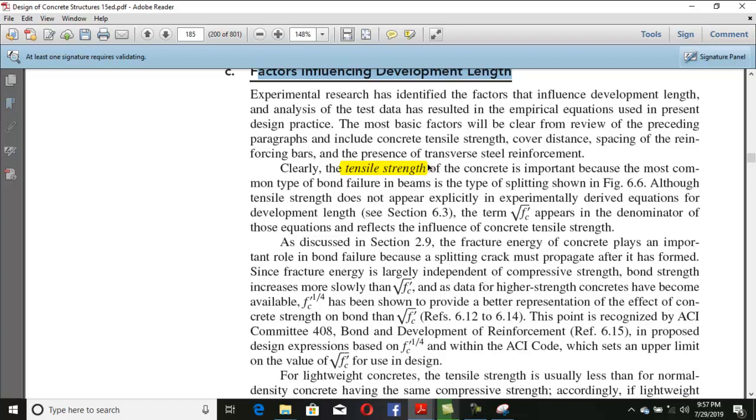So basically, tensile strength is that kind of strength of concrete which affects bond, and which also prevents cracking of concrete. Once cracking of concrete is prevented, your bond forces will be maximum, and thus there will be no slippage of steel. So one thing is tensile strength.